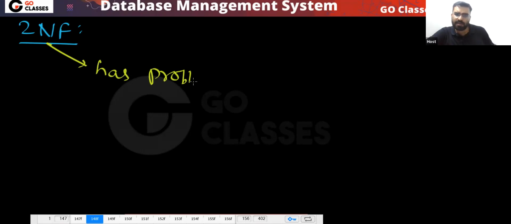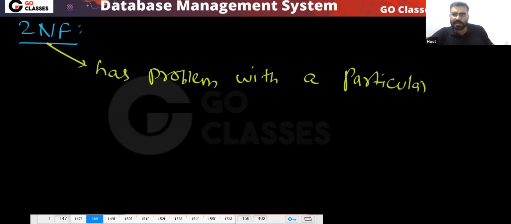Now let's see the definition of 2NF. The 2NF definition is actually very simple if you want to understand. Basically, 2NF has a problem with a particular type of partial dependency.